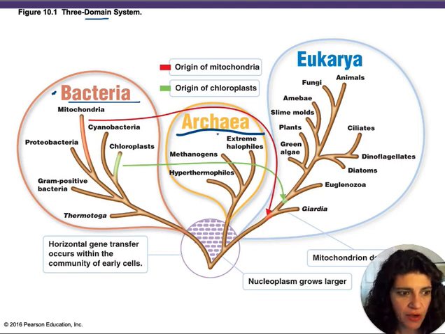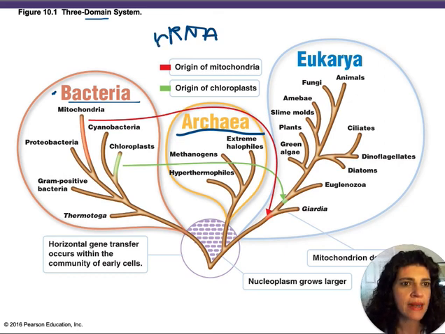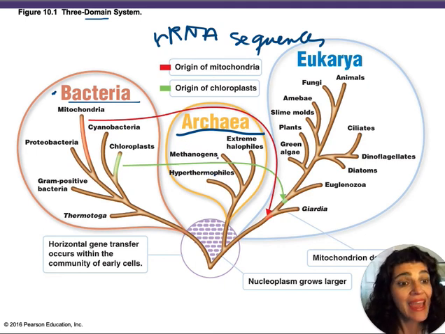Archaea, different cell wall. The RNA, so remember to go back and look at what ribosomal RNA means. That's homework, okay? Go look into that. The ribosomal RNA sequences are similar among organisms inside the same domain and different if you compare different domains.